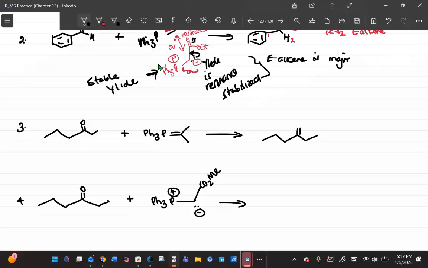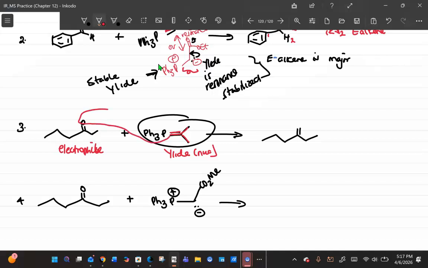So pretend this is red. The ylide is a nucleophile. The ketone is going to be the electrophile. And our shortcut tells me that I should lose this.